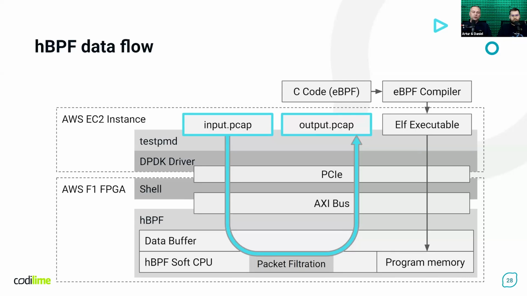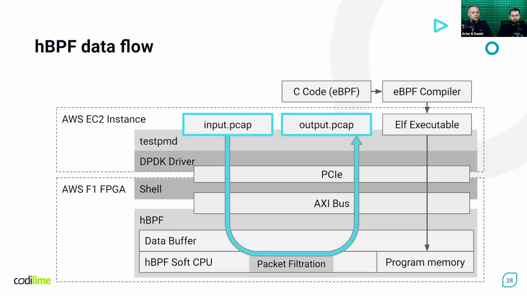The hBPF softcore, during filling of the buffer, is in reset state. Reset is released after the packet is transferred to the data buffer on our FPGA. Then hBPF starts to execute its program. When finished, the processed packet may be dropped or forwarded back to the host. When dropped, the next packet is allowed to be transferred to our buffer.